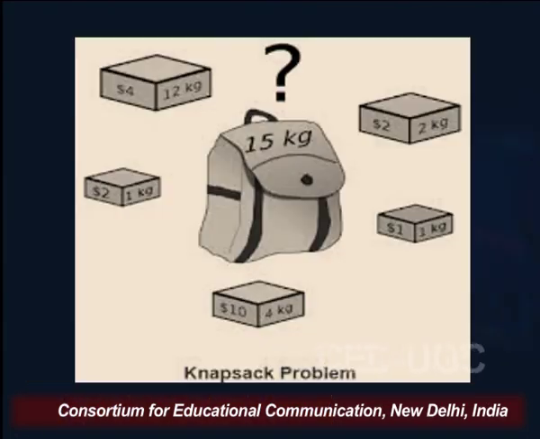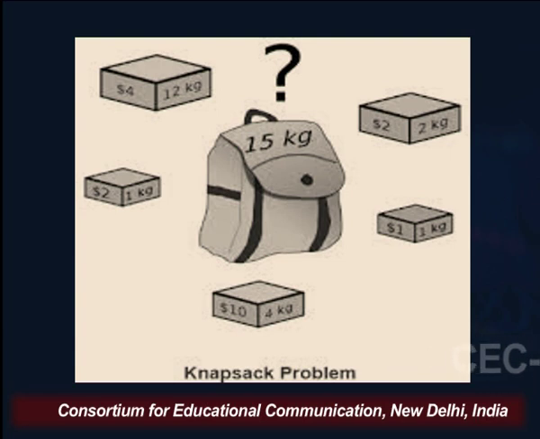Now what is going to be our solution, our approach? Let us first try to visualize this problem with the help of this figure. Here you can see a bag, a knapsack whose capacity is 15 kg. That means we cannot put items of more than 15 kg. Then there are different items with their values and weights. Let's say there is an item whose value is $2 and weight is 2 kg.